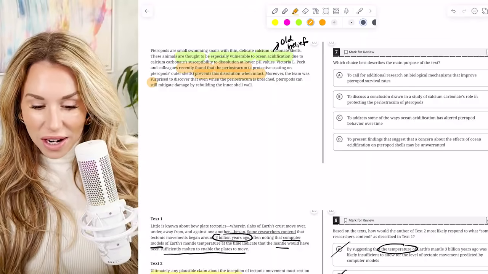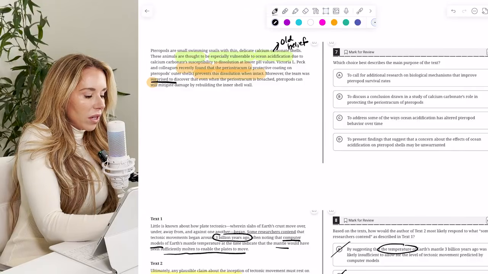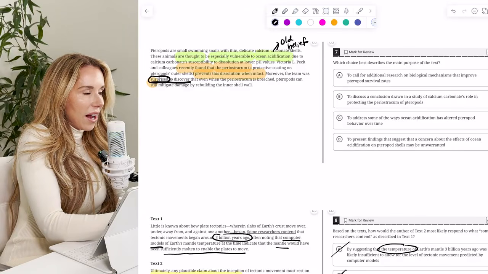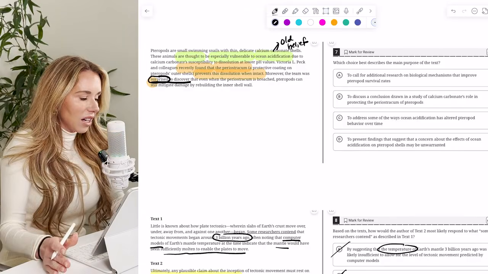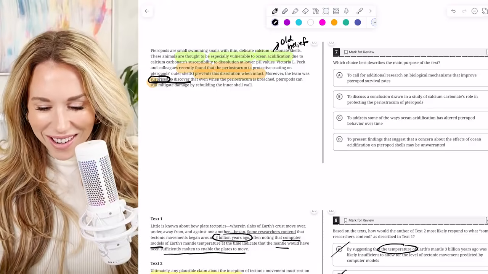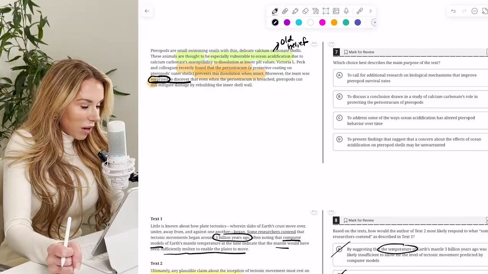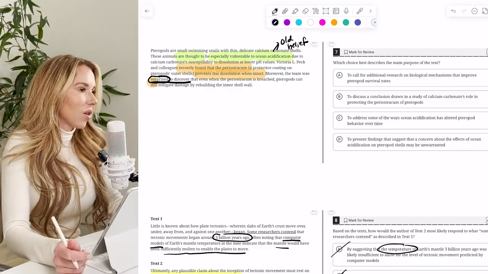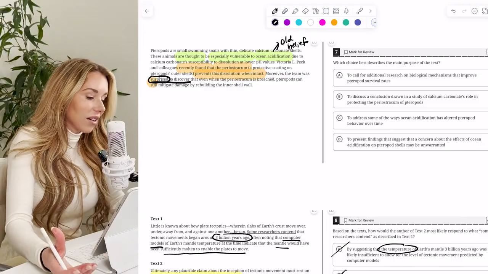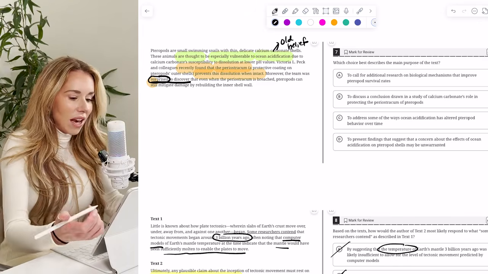Moreover, the team was surprised to discover, that's something I always want you to look for, the word surprise, because that will show up as a synonym in the answer choices, that even when the periostraticum is breached, pteropods can still mitigate damage by rebuilding the shell inner wall. So it sounds like they got it together. These guys are not getting damaged by the acidification. Let's go through the answers.